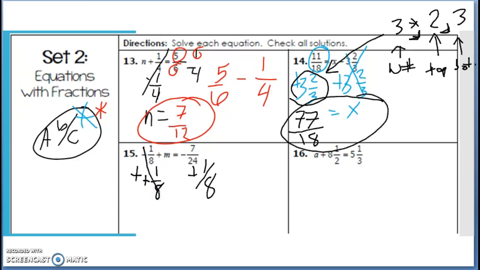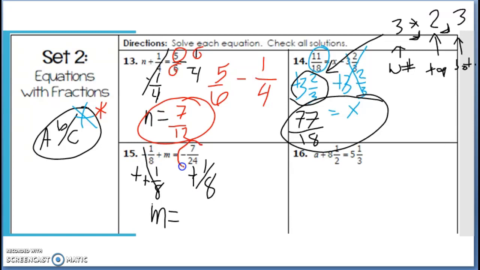Negative 1/8 plus 1/8. That equals 0. If I'd have negative 1/8 minus 1/8, that'd be negative 2/8. Does not cancel. But now we have m alone. So m equals negative 7 over 24, plus 1/8. So again, fraction button's our best friend.